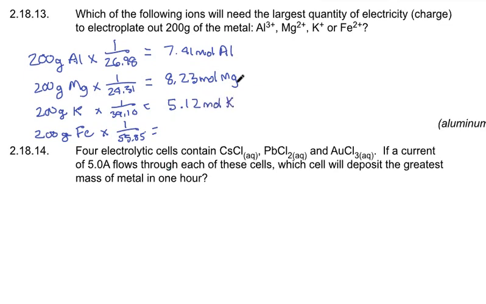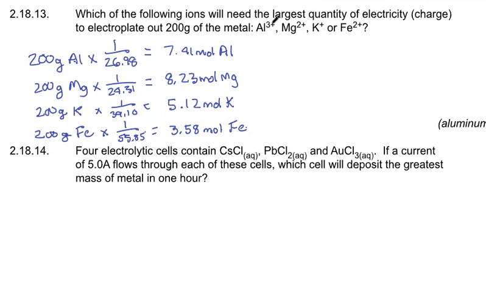And 200 divided by 55.85 is 3.58 moles of iron. Now, the amount of electricity is based on moles of electrons, so one more step.